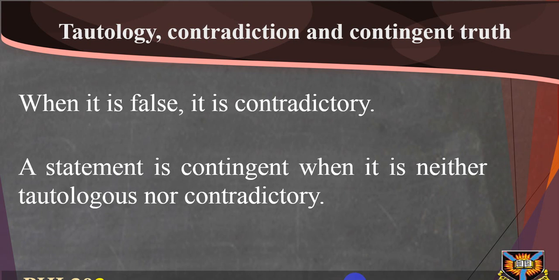False, truth, false, truth, false, truth, truth, truth. False, truth, false, false, false, false, truth, truth, truth, false, truth, truth, false, truth, false, false, truth, false, false, false, false, false, truth, false. This statement is contradictory.